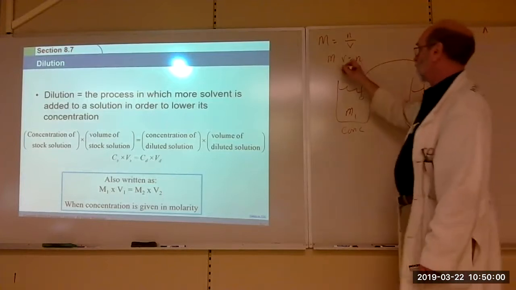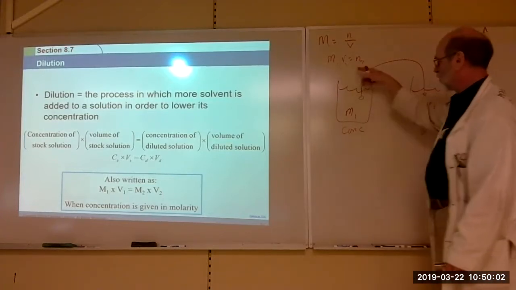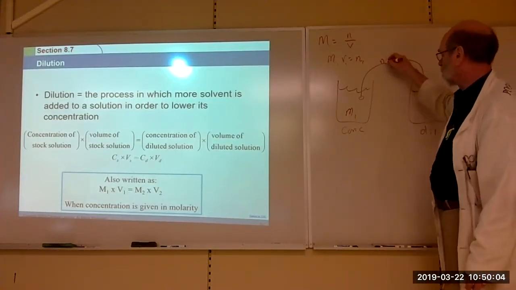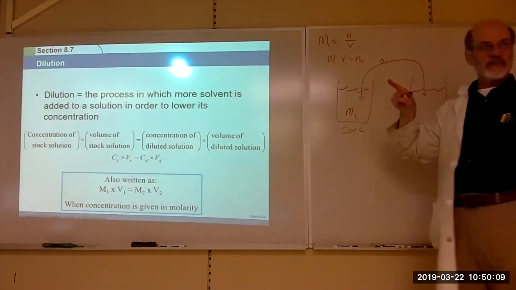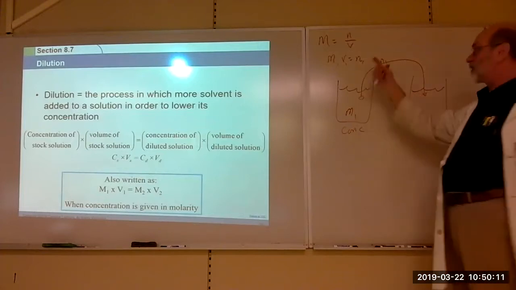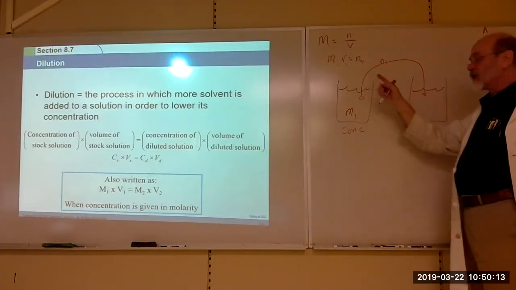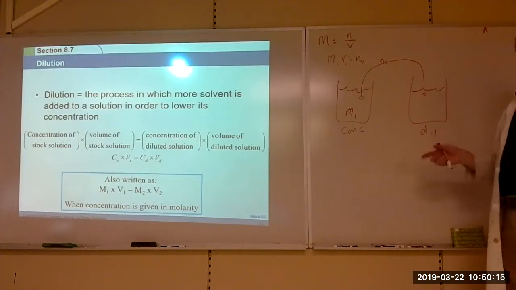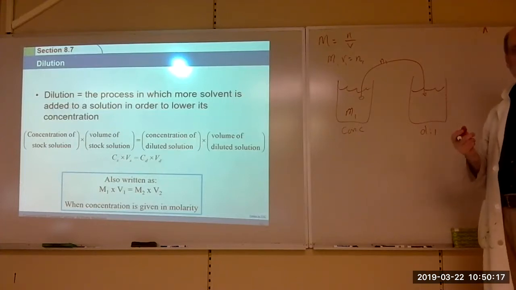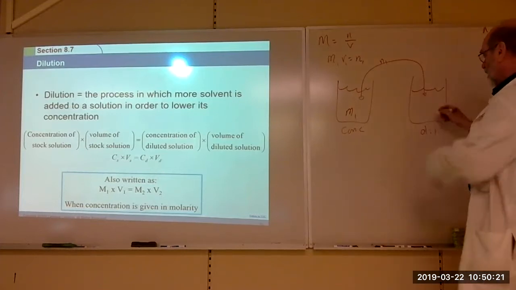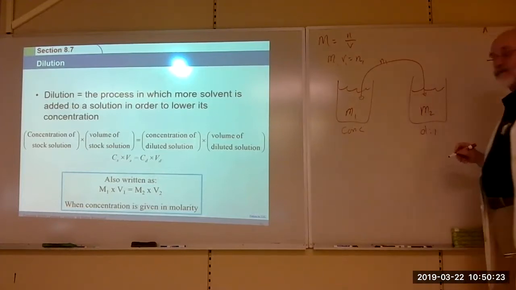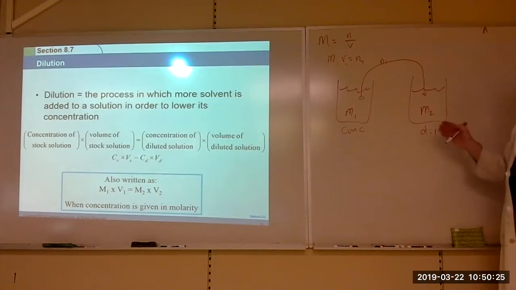Okay? So for this one, the number of moles that we take out of there, we just need to know the molarity and how much volume we take out. And that's the number of moles. So we put it over here. Has the number of moles changed? Same moles, right? So over here, we have a different concentration because we've added more solvent.